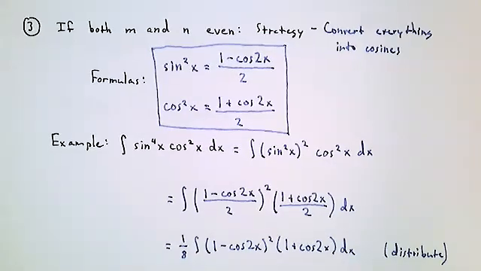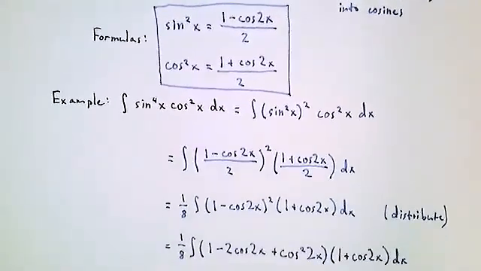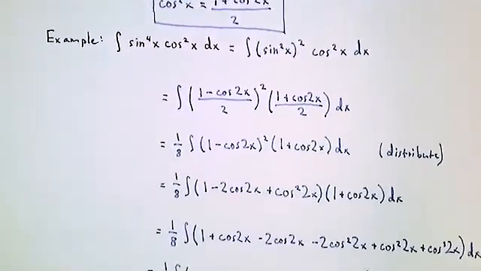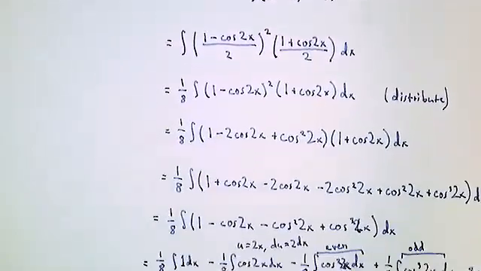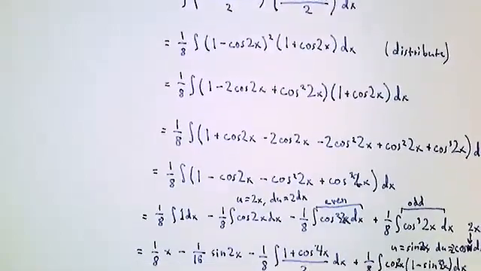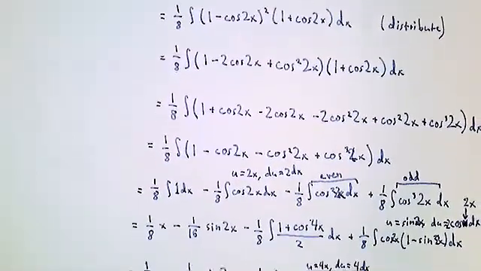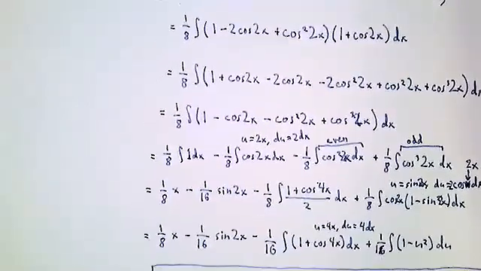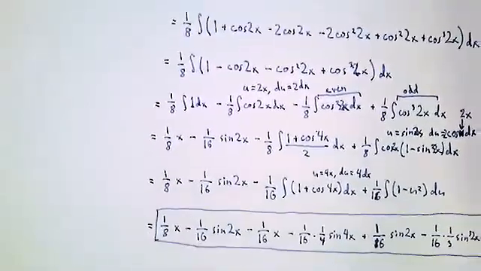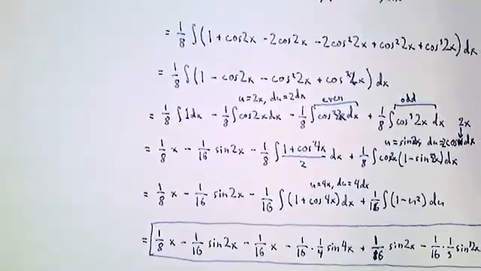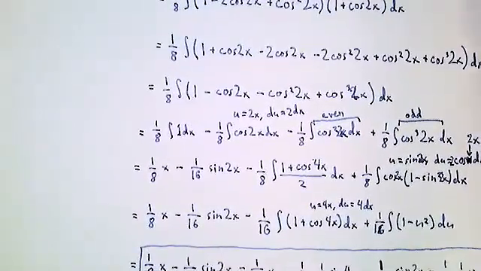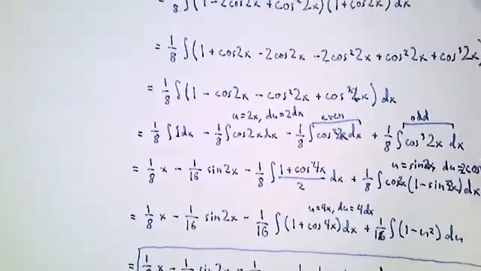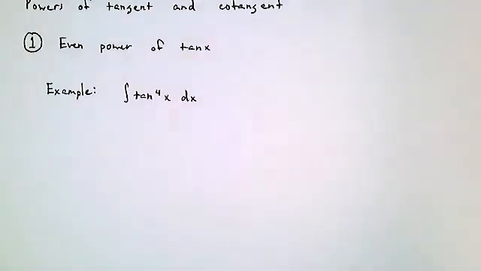And then, well, there's a process of trying to simplify things and work things out that we saw last time. So these tend to be a little bit more challenging when everything is even. There's oftentimes a little bit more work to do. So that's what we did last time.